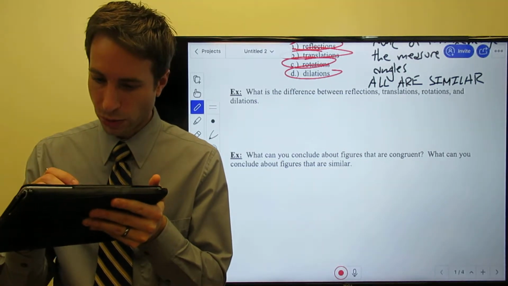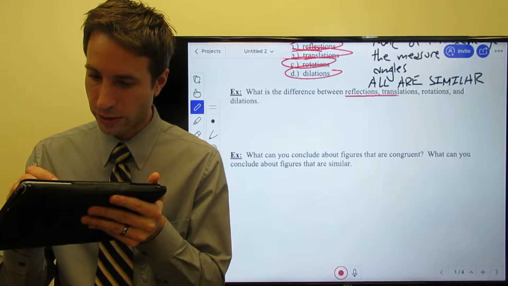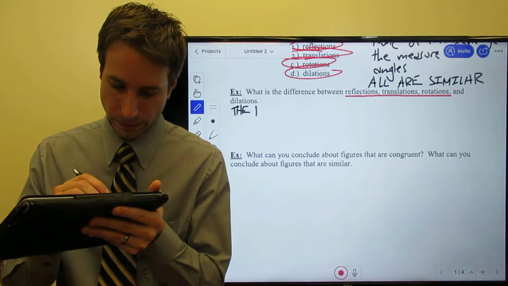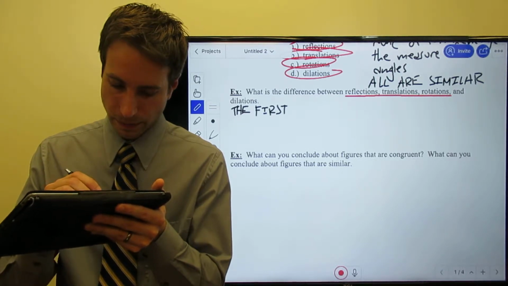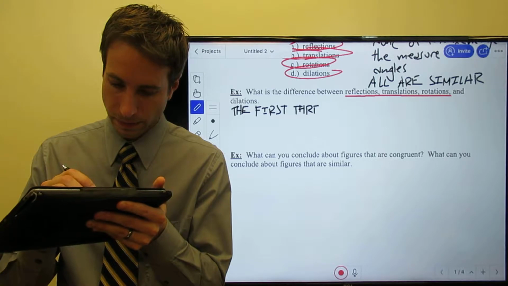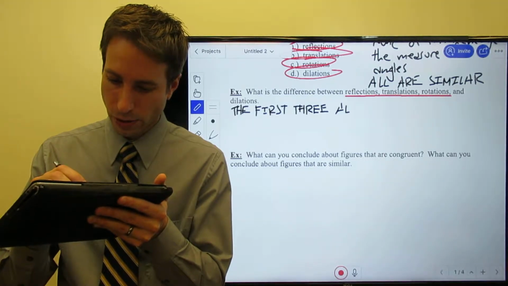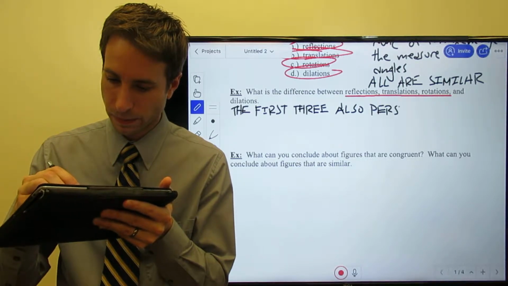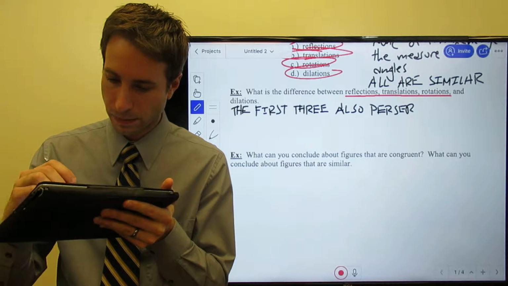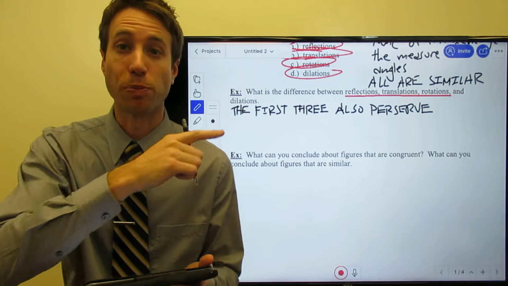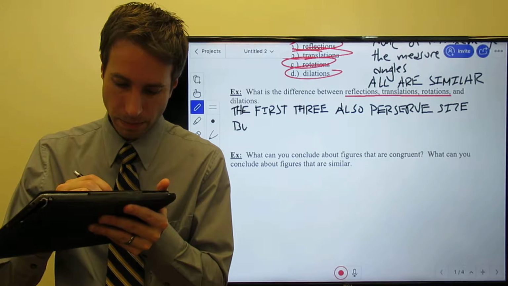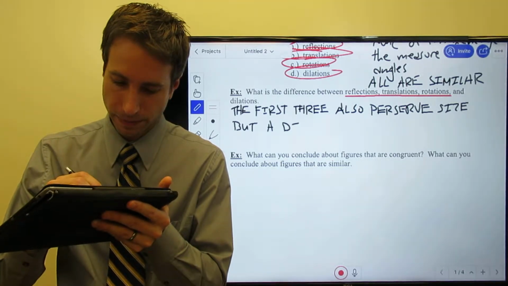Well, reflections, translations, and rotations, the first three, also preserve size, but a dilation does not.